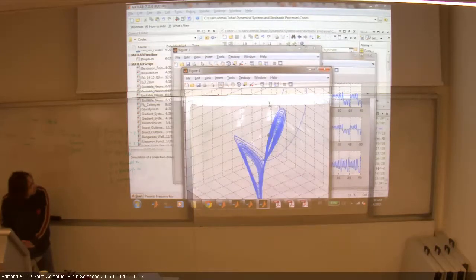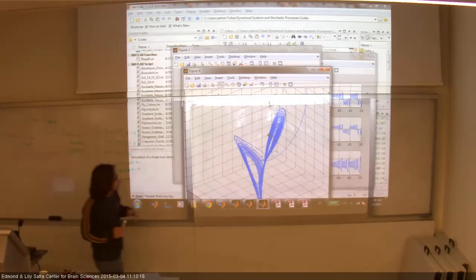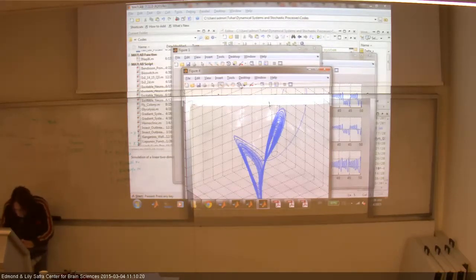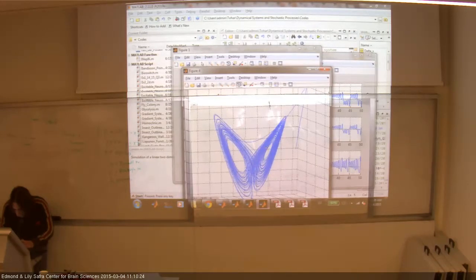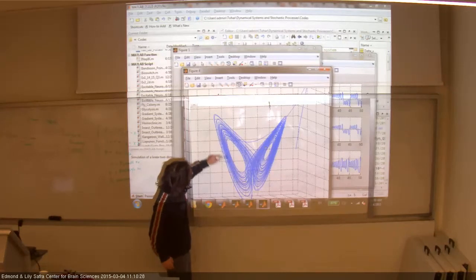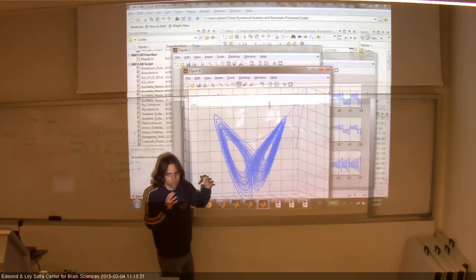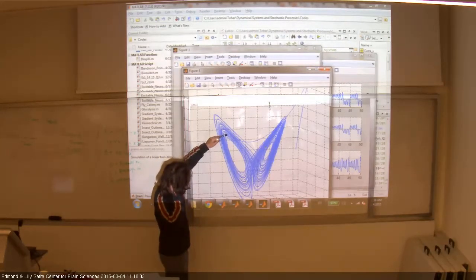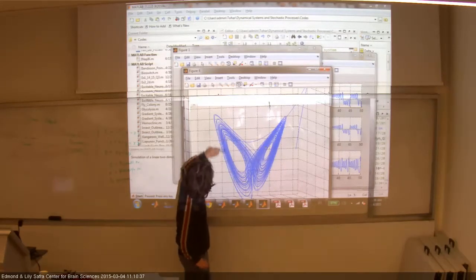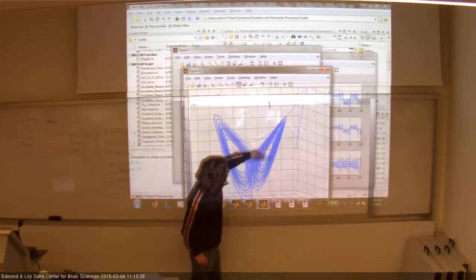You can see how X, Y and Z oscillate. Maybe I'll turn the display. We have two systems of rings, maybe like Saturn's rings, one here and one here, and the system alternates between them.